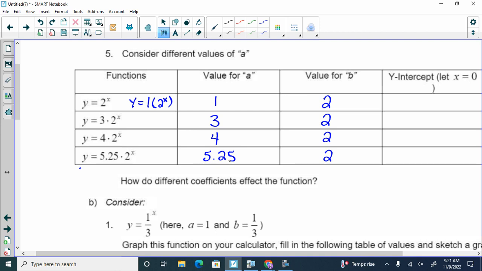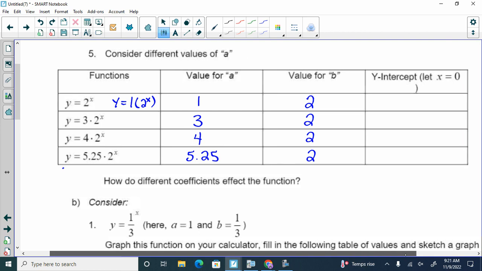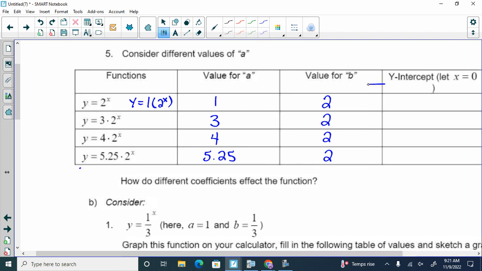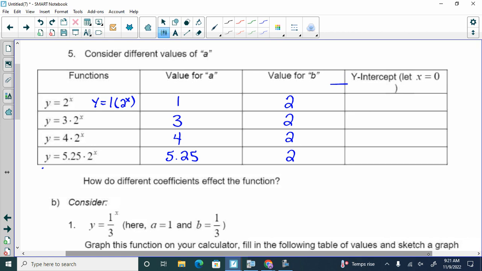So let's try and find the y-intercepts on these ones. Y equals 1, 2 to the 0. 2 to the 0 is just 1, so it's 1. We don't write y equals 1, we write 0, 1. It's a coordinate.